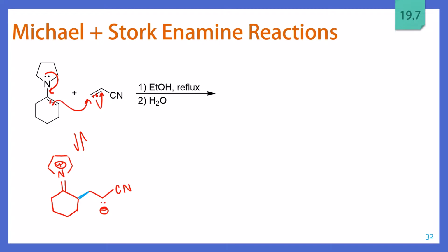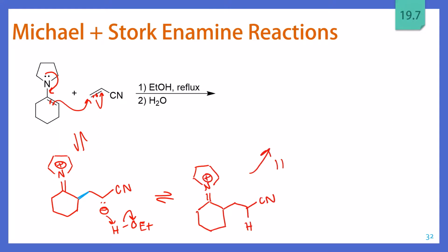And then this can be protonated by the ethanol that's in the mixture here. And then through the addition of water, we would end up hydrolyzing this aminium ion and getting back our ketone.